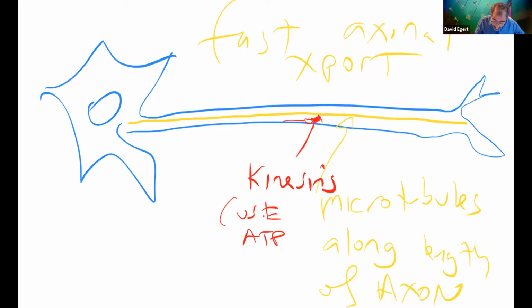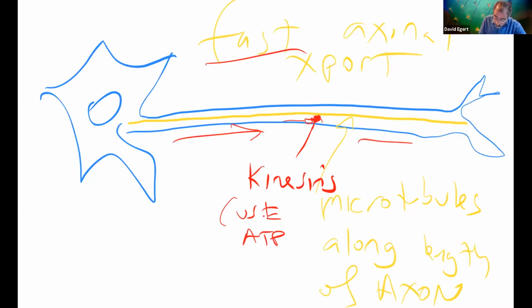In fact, I've seen little videos where they will attach little beads onto the kinesin, and then they'll puff little bits of ATP, and you just see these things start walking along the microtubule. And so this moves along where you can actually get quite a bit, I forget how many millimeters per day, but you can actually get pretty far, so this goes pretty fast.